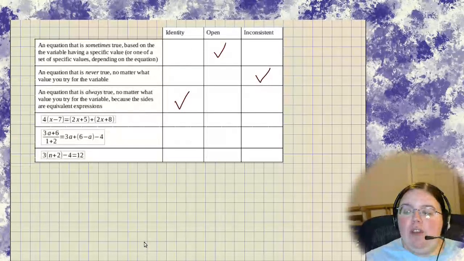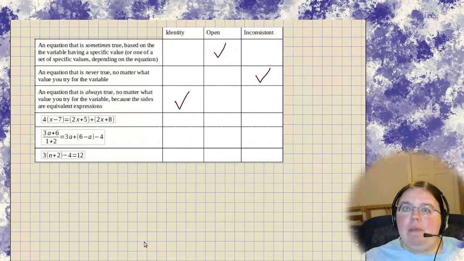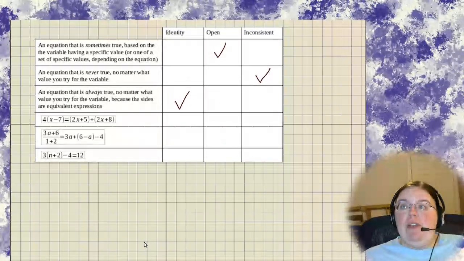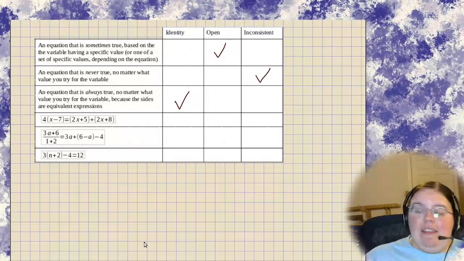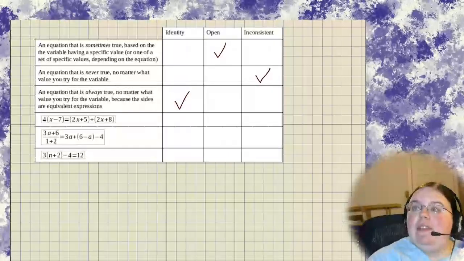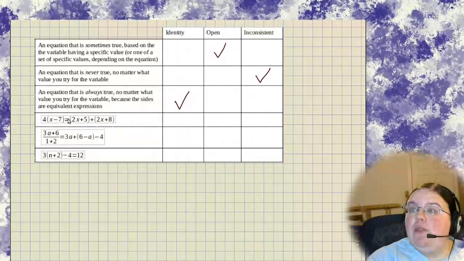So those are equations where the two sides really simplify to the same thing. No matter what value you plug in for the variable, it'll still automatically come out the same.